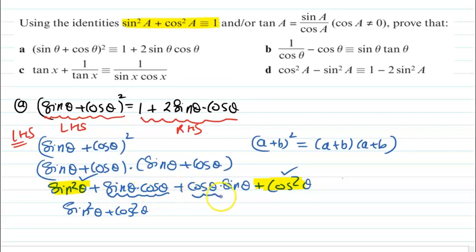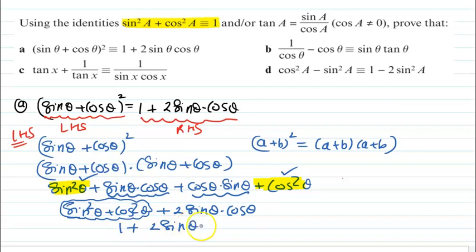Sine theta cos theta and cos theta sine theta. So you can add them: it should be 2 sine theta into cos theta, right? And sine square theta plus cos square theta becomes 1, so it is 1 plus 2 sine theta into cos theta. This is our right hand side. So this is the way we have proved that left hand side equals right hand side.